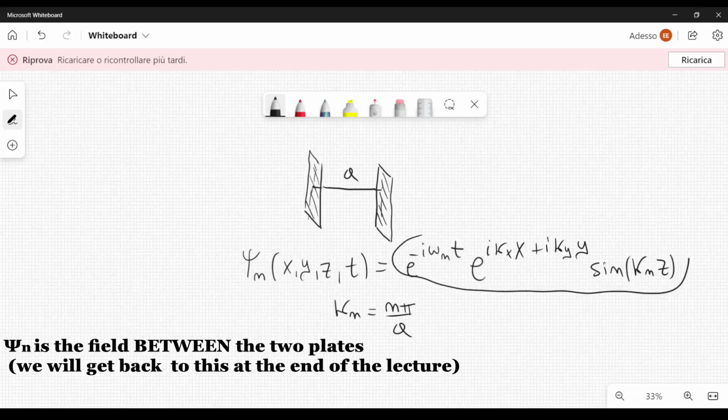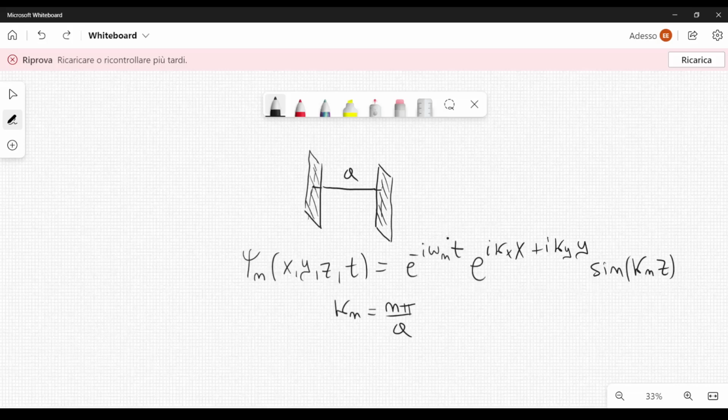This form satisfies the wave equation that can be derived from Maxwell's equations, and there is the sine here because this function must vanish at z equal to 0 or z equal to a. So remember that this is the z direction because the plates are parallel to the xy plane.